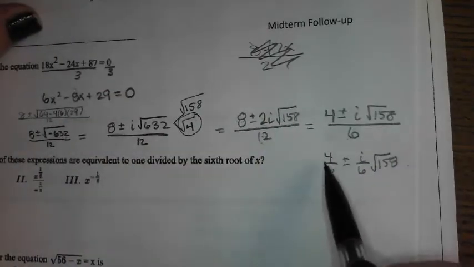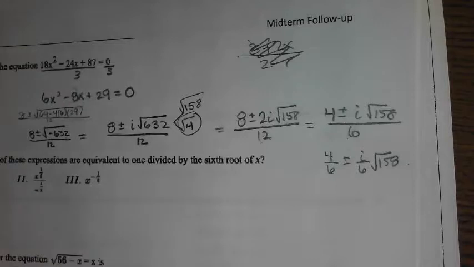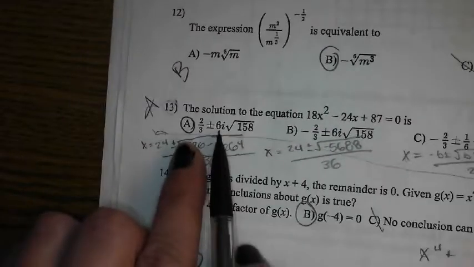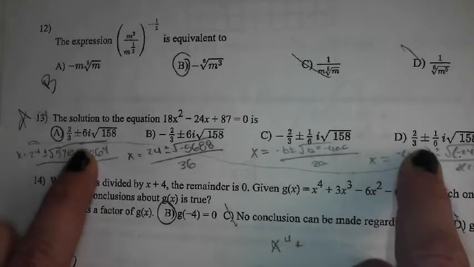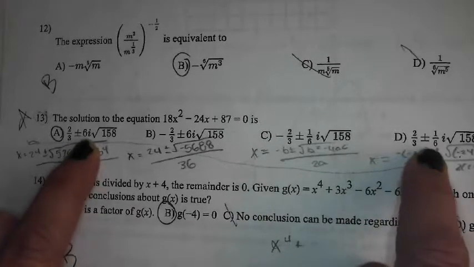And 4/6 then, when it's done totally separately, can go even further down to 2/3. Yes? So 2/3, it's a positive 2/3, so it's either A or D. Plus or minus, is it 6i or 1/6 i? 1/6. I had i over 6.